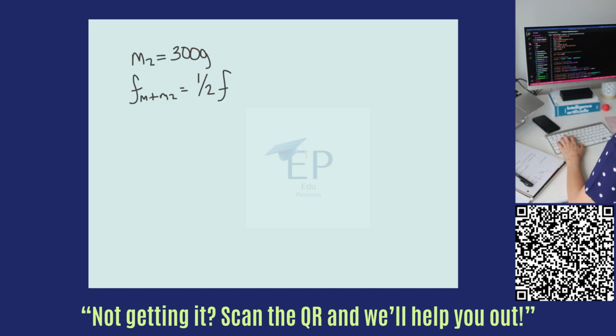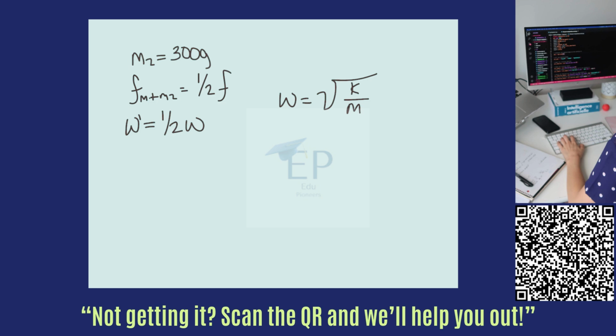In other words, we can put this in terms of omega, where our new omega is equal to 1/2 of our original omega. And as we did before, we had omega equals the square root of k over m, so k being our spring constant divided by our mass.